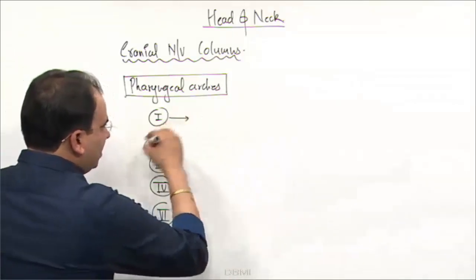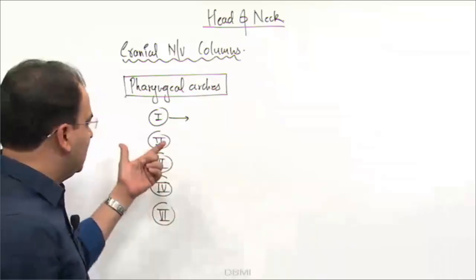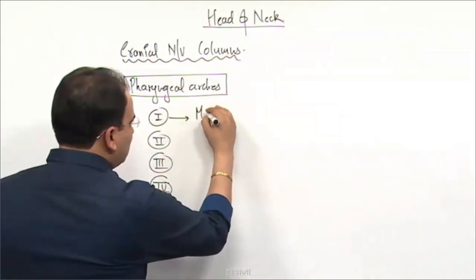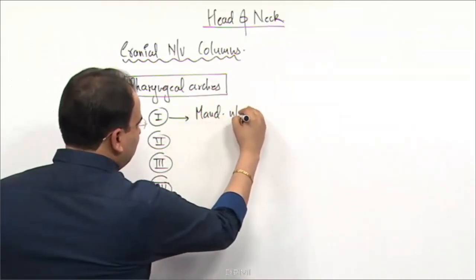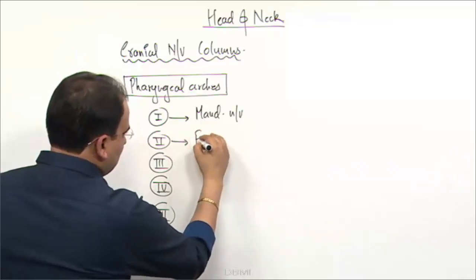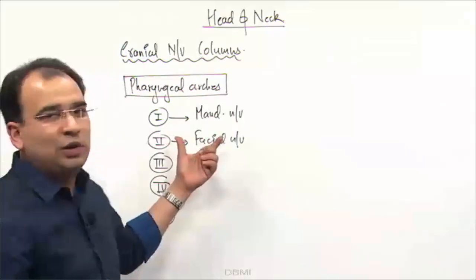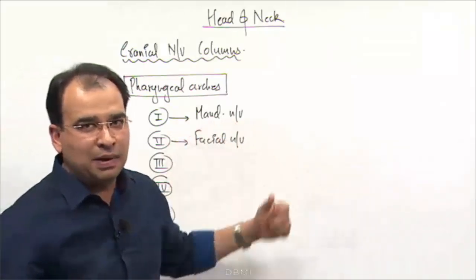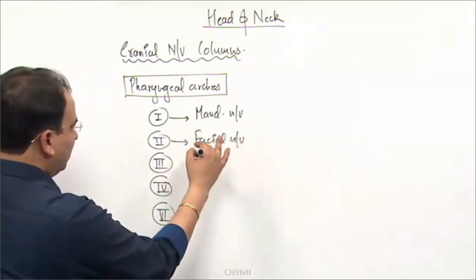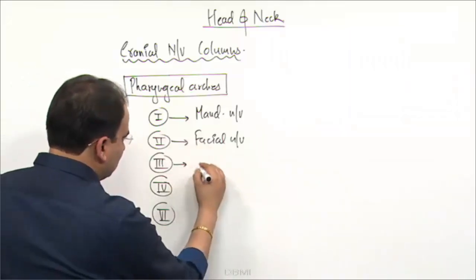I am pretty sure that you already know the nerve supply for the arches. The nerve supply for the first pharyngeal arch is the mandibular nerve. For the second, it's the facial nerve. Broadly it's the mandibular nerve, although it's not only mandibular, we also have chorda tympani.